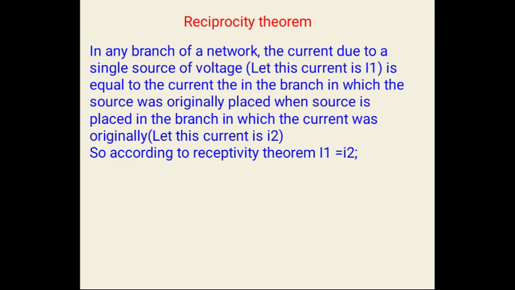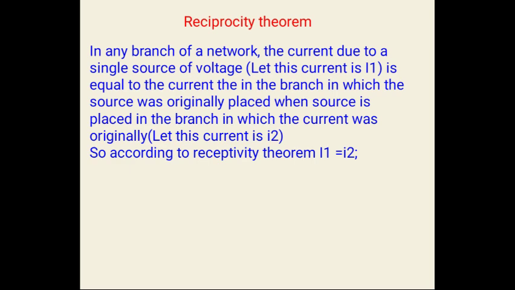Simply, the meaning of the reciprocity theorem is that when a network consists of only one voltage source, we have to find the value of current in any branch of the circuit. We select a branch to prove reciprocity and find the current in that branch.